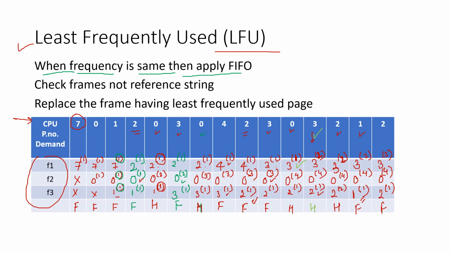So how many hits? 1, 2, 3, 4, 5. Okay, 5 hits. And how many faults? 1, 2, 3, 4, 5, 6, 7, 8, 9 and 10.